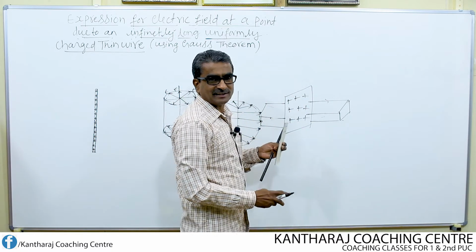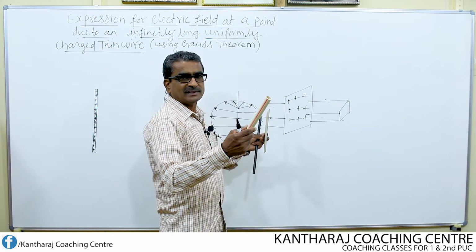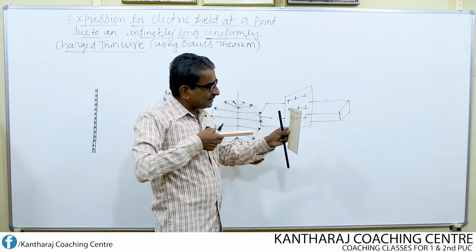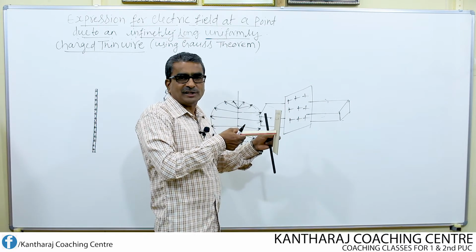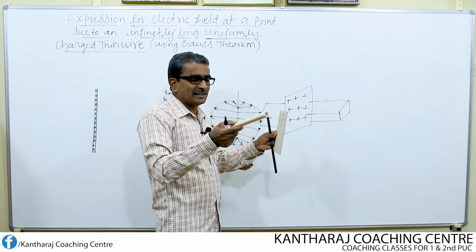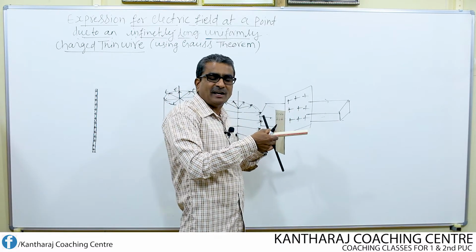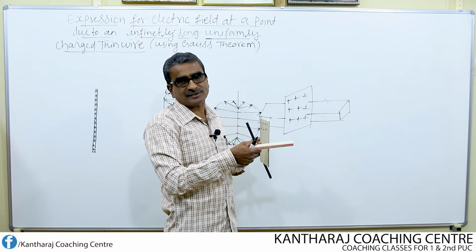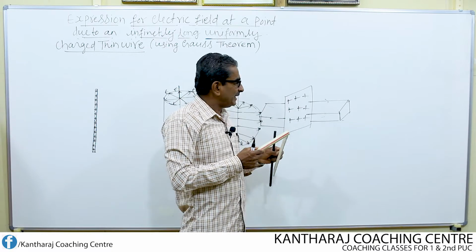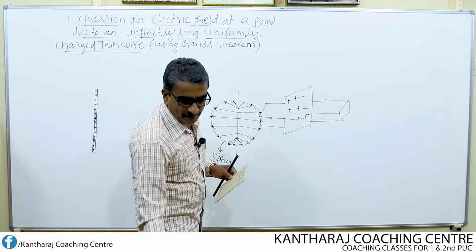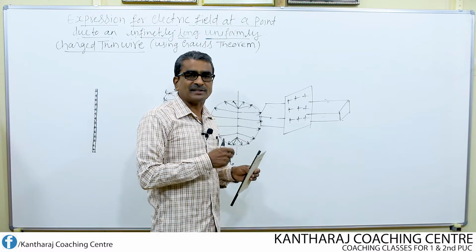Suppose you imagine this as a cylindrical tube, and I pass the cylindrical tube through the sheet like this, then the cylinder will also act as a Gaussian surface for this charged sheet. So depending upon the shape of the conductor, we choose an appropriate shaped Gaussian surface.